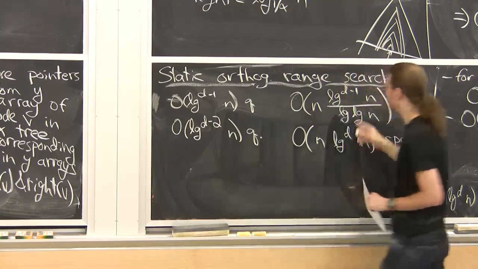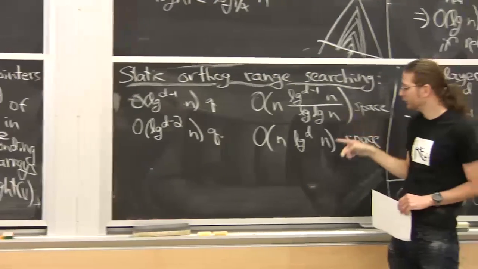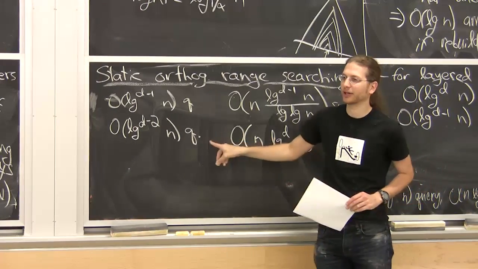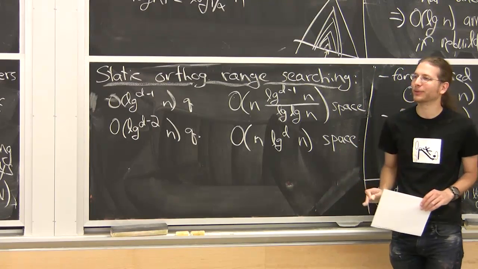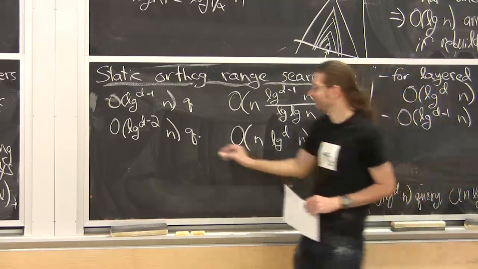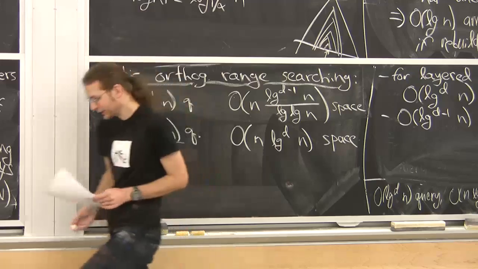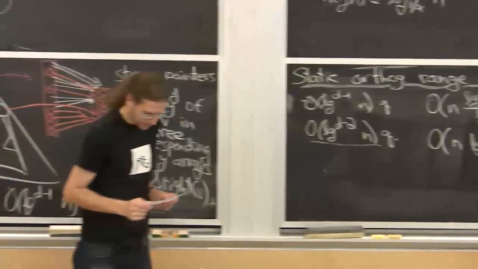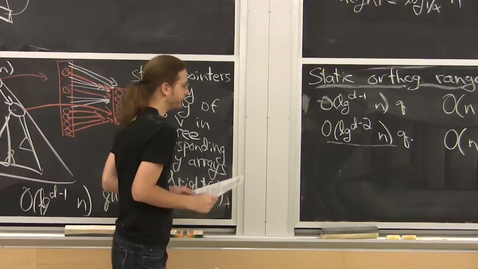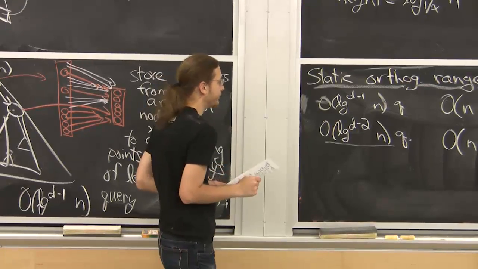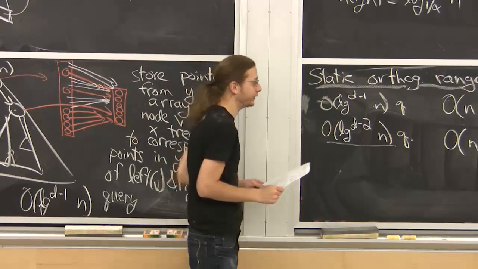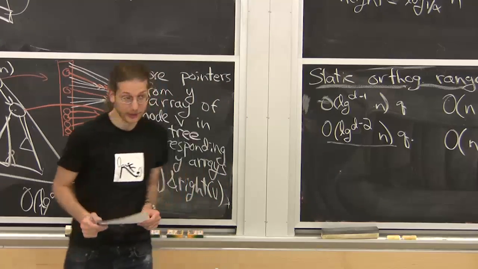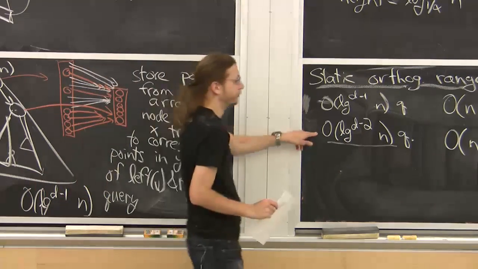So if I give up another log factor in space, I can get another log factor in query. I don't think you can keep doing that, but for one more step you can. And I believe this is conjectured optimal for query. Don't know if it's proved. And this was originally done by Chazelle and Guibas using fractional cascading. And if there's time next class, I'll show you how this works.